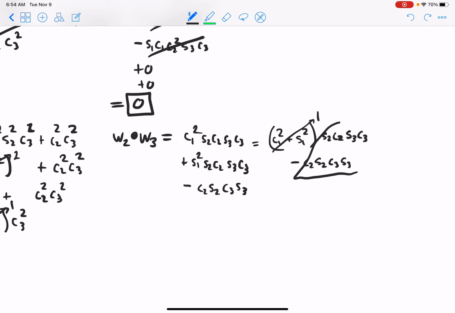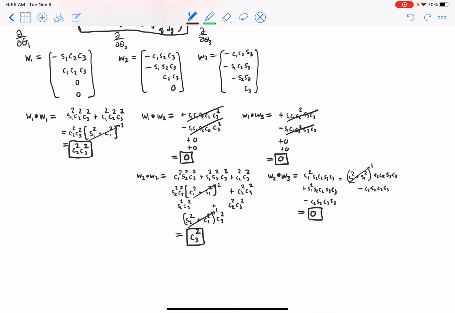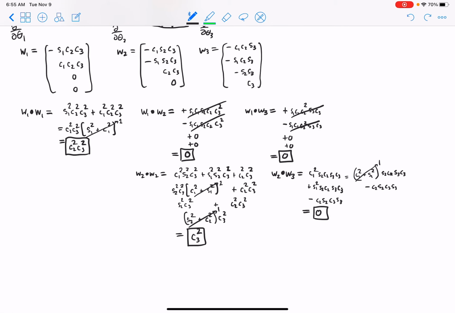Well, they are the same, except with a minus sign. And so all of this is equal to 0. So this became a 1, and then these remaining two are identical but opposite in sign. Last one. So that also means that this is 0, this is 0, this is 0.